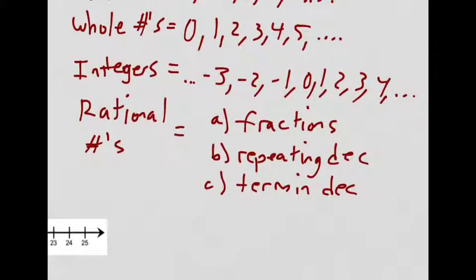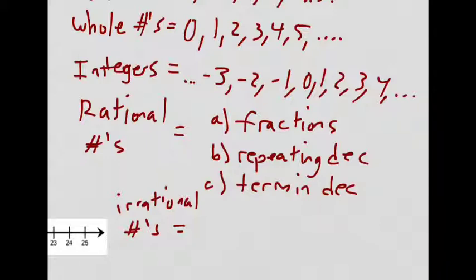Okay? And then lastly we had irrational numbers. And these were all the numbers that basically don't fit any of these definitions. So they can't be turned into a fraction. They're not repeating decimals.